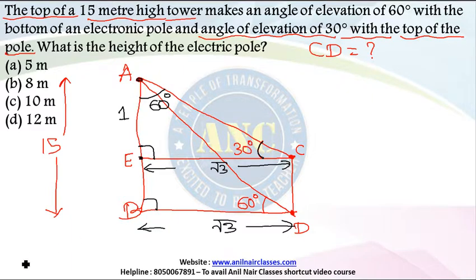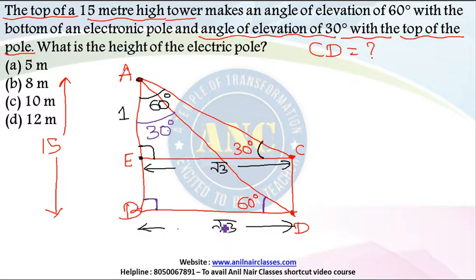Now that is for the bigger triangle. Smaller triangle. If I take this other triangle, ABD, the angle given is 60. If this is 60, this will be 90 and this angle will be 30. Opposite to 30, if I take it as 1, according to this triangle it is 1, but already it is fixed as root 3.